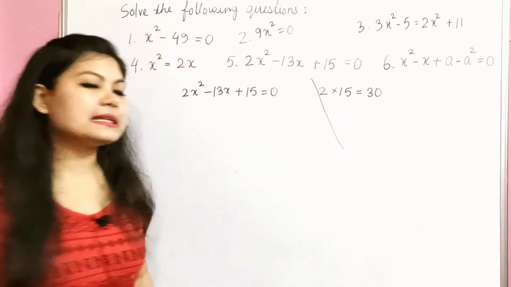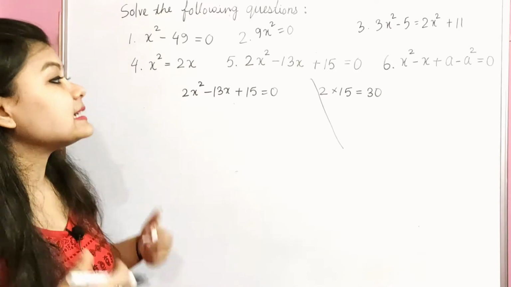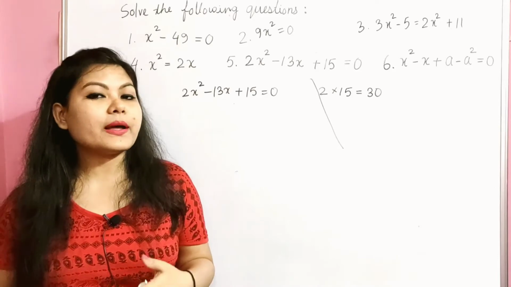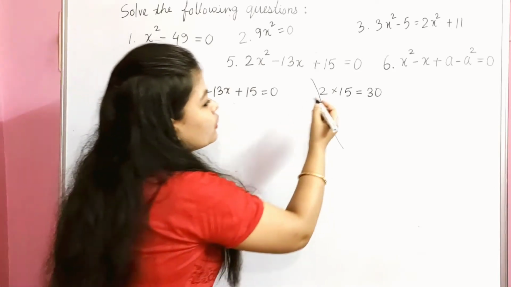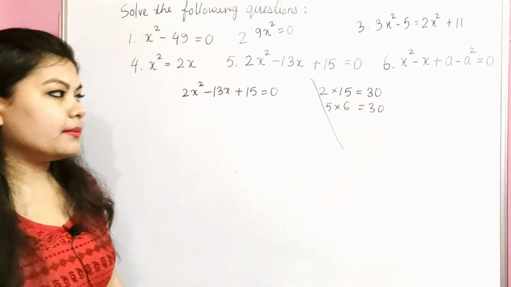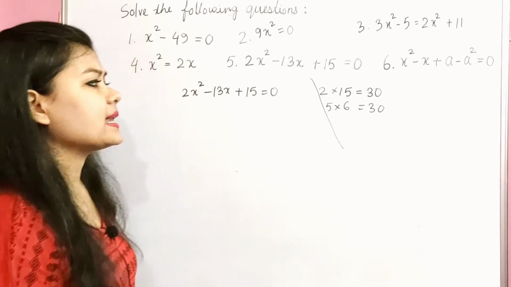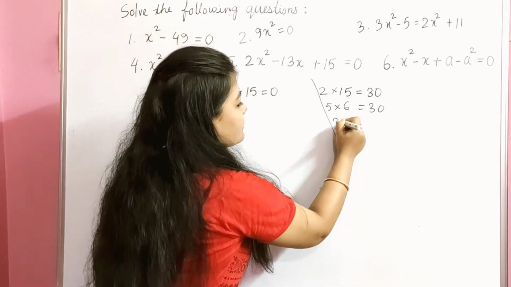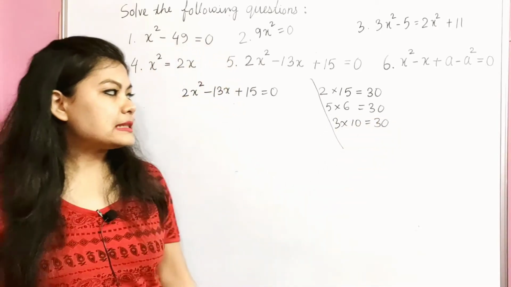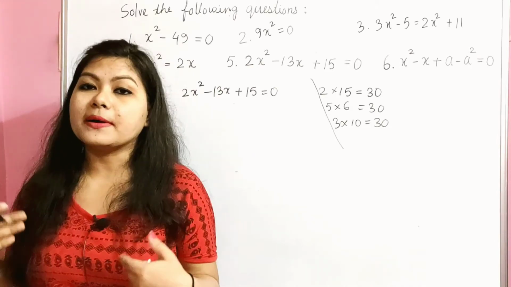After finding the product, we also need to find the factors that will give the product equal to 30. One pair of factors is 5 and 6, because the product of 5 and 6 equals 30, and another is 3 and 10. 3 into 10 equals 30. So these are the factors for the number 30.